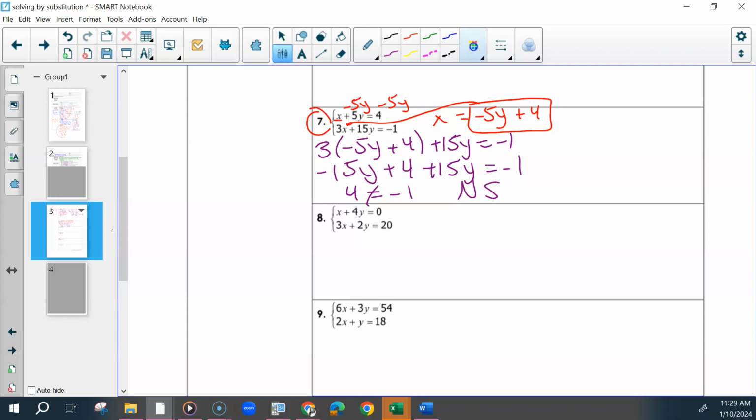Same thing, if your variables canceled and you had the same numbers, 4 equals 4, then it would be infinitely many solutions. Yeah, it should be 12. That's what you were saying, yes. But it is still no solution.